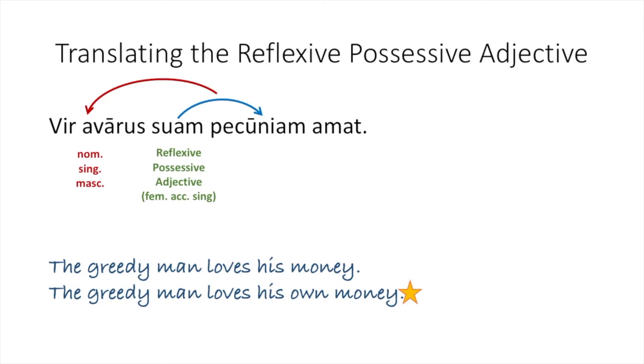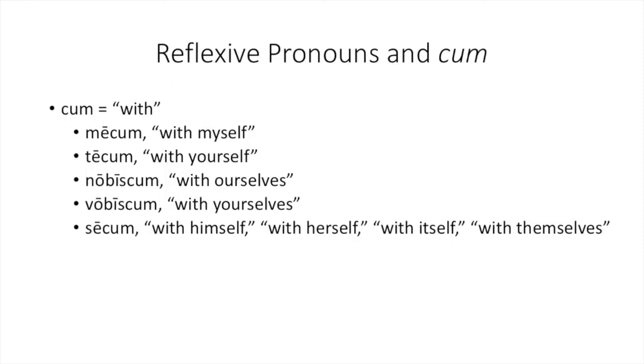Once you're sure about how to translate the sentence, then we can move on to one more feature of the reflexive pronouns, and that's with the preposition cum. Just like with the personal pronouns, cum is added on to the end of your pronoun.